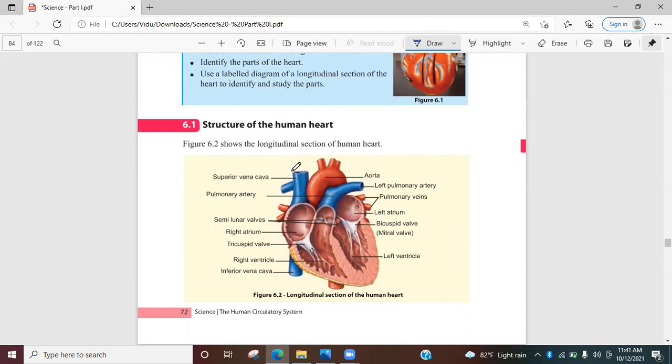Superior vena cava, here right atrium, here right ventricle, here inferior vena cava, left ventricle, left atrium, pulmonary artery, left pulmonary artery, pulmonary veins, bicuspid valve or mitral valve. Here you can see the tricuspid valve. Here you can see the semilunar valves.